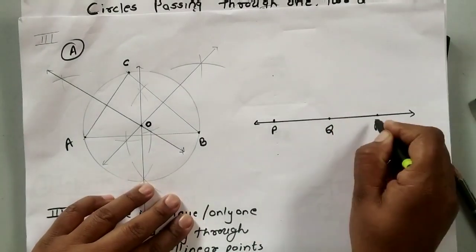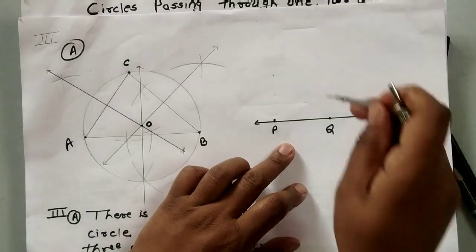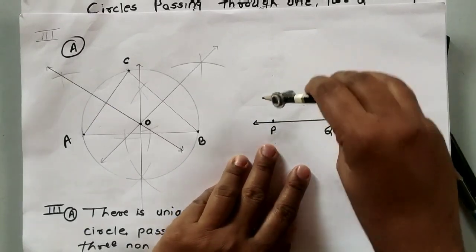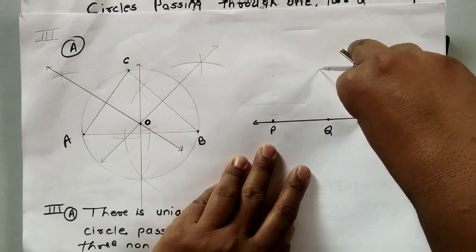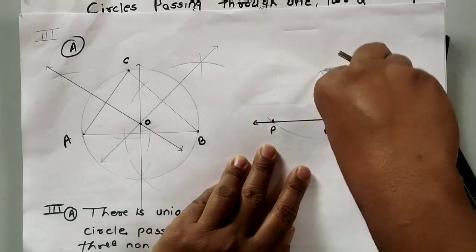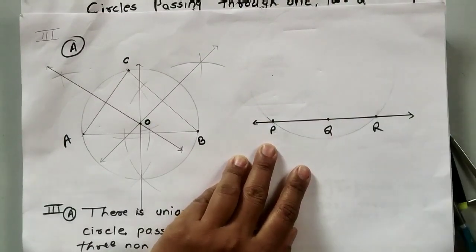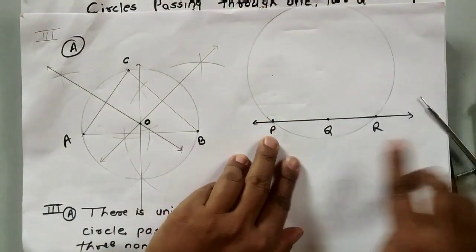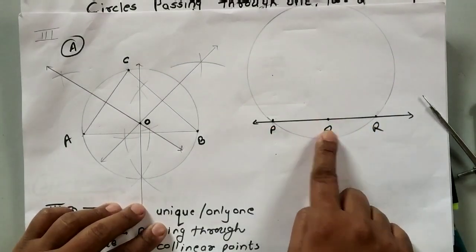If you try to pass a circle through these 3 collinear points, you will see that we cannot. I will just show you one at least. If you draw a circle of some radius, you can see that it passes through only 2 points, and it is not passing through the third point, that is point Q.